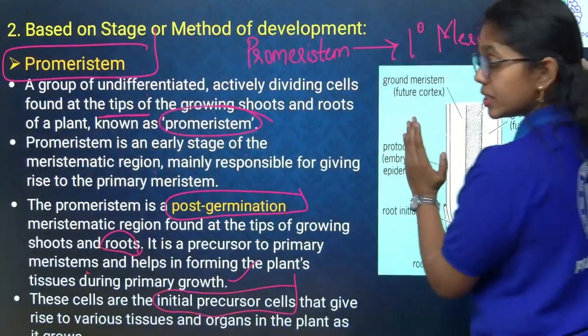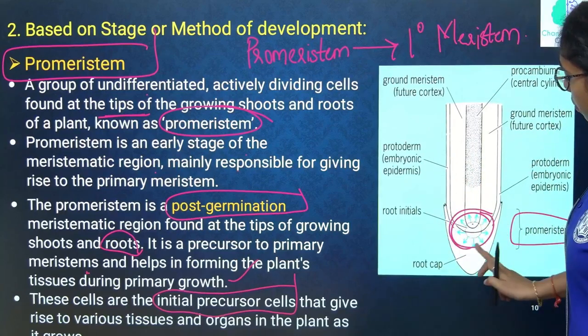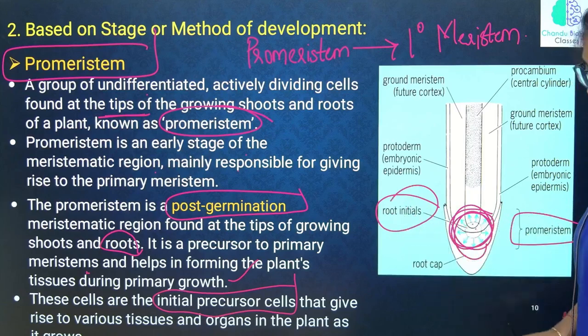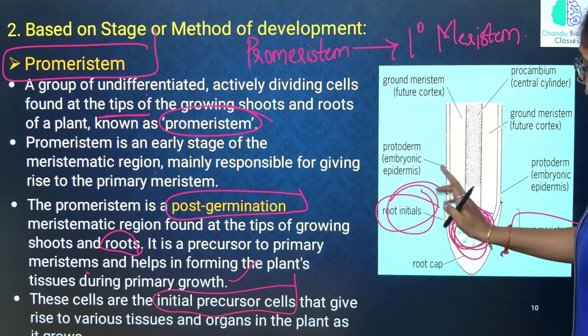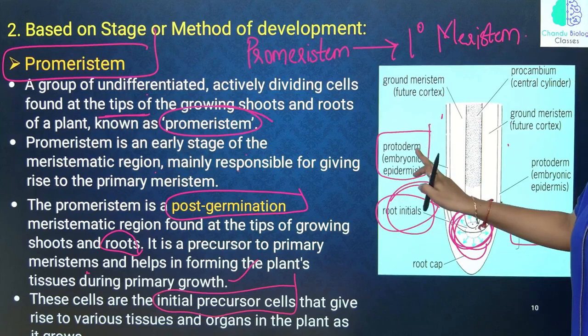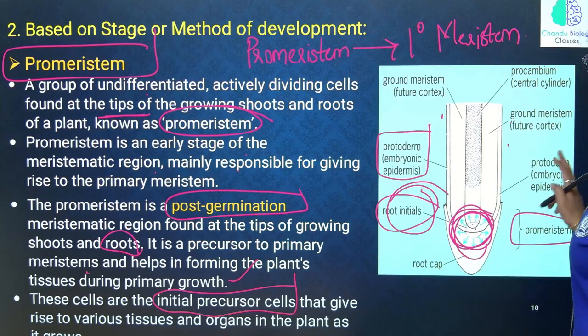So if you look into this basic structure, promeristem is over here, which is near the root initials. They form root initials, and at the surface of this region you can see protoderm, which is also called embryonic epidermis.